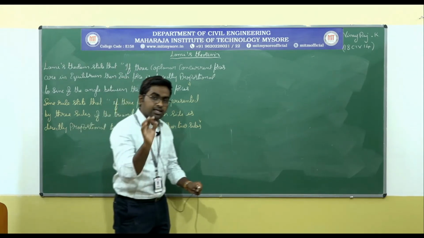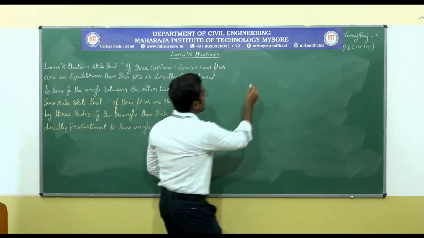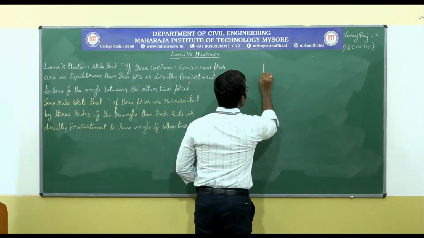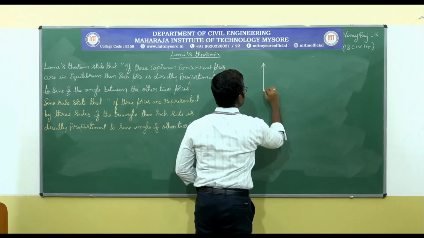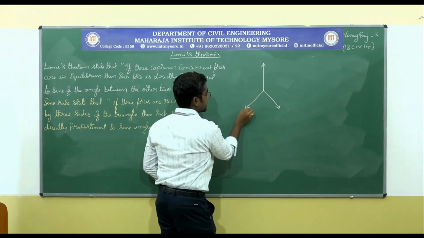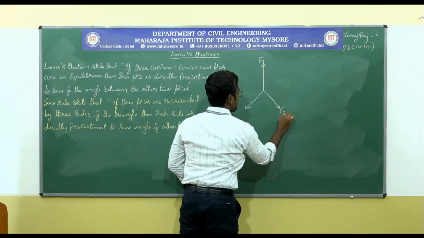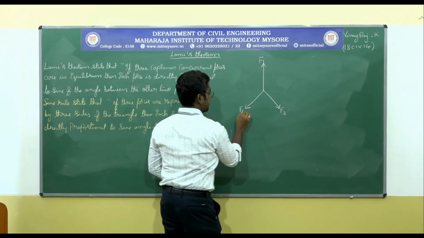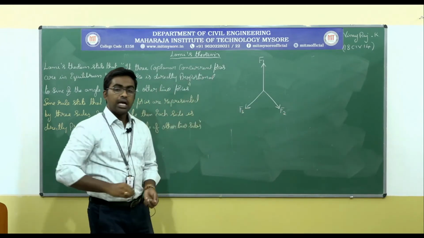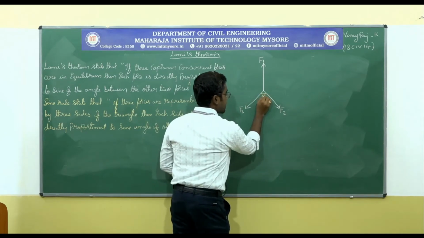So let me consider the three concurrent forces first. I am going to consider three forces, and all three forces are concurrent. So this is F1, this is F2, and this is F3. Let me consider this angle as alpha.